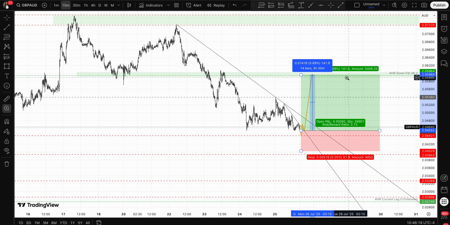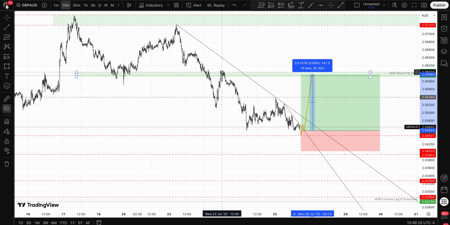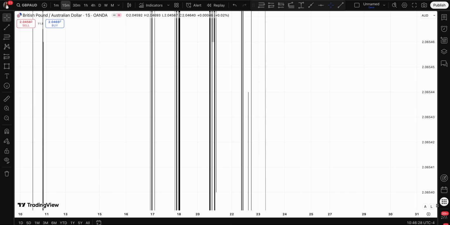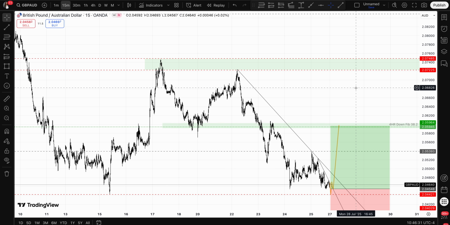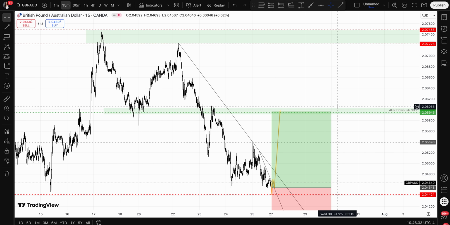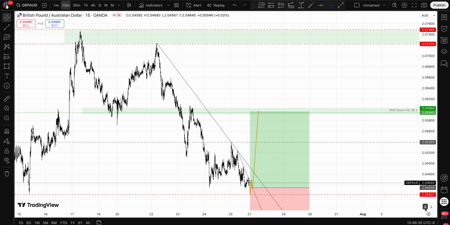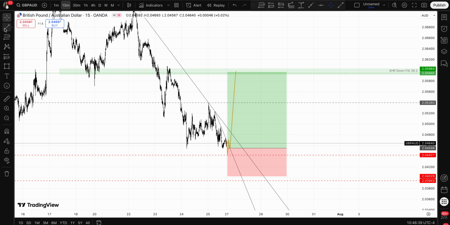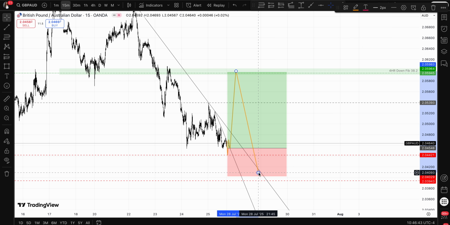If we do break past this level right above right here, there's possibility for us to go back and retest this daily level. The other thing that we could see happen is we could see price continue and finish out that current leg sequence. And I don't think I marked that off.